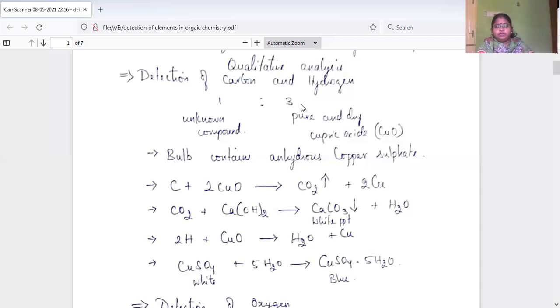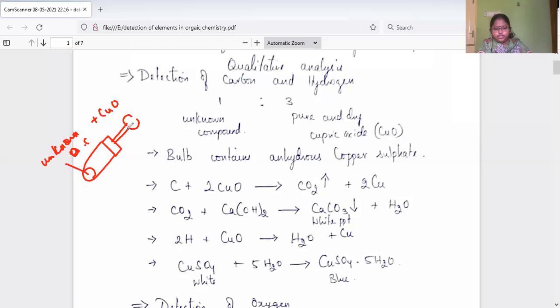Now, I'll explain the apparatus setup. In a hard test tube, we have to take this mixture. So what is it? Unknown organic compound and cupric oxide, CuO. The hard test tube is connected with a delivery tube which has a bulb in it.